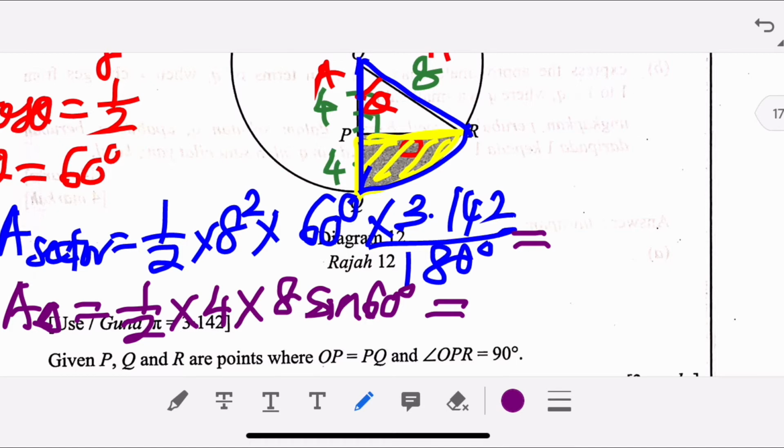So 0.5 times 8 squared times 60 times 3.142 divided by 180 degrees, we will get the answer, which is 33.5147.